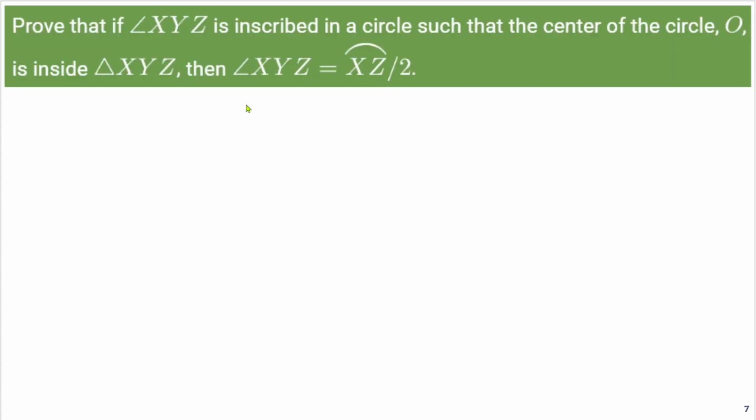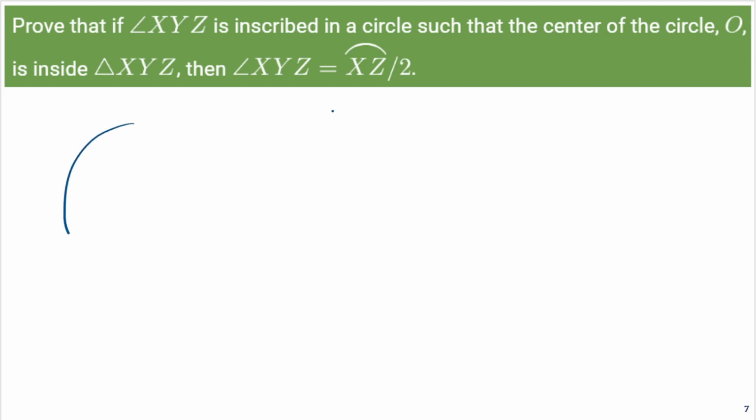So consider another question. Can you prove that if angle XYZ is inscribed in a circle such that the center of the circle O is inside triangle XYZ, then angle XYZ equals half of the arc XZ. Of course, XZ here is in degree measurement, not the length of XZ, but this is the corresponding degree measurement of the central angle.